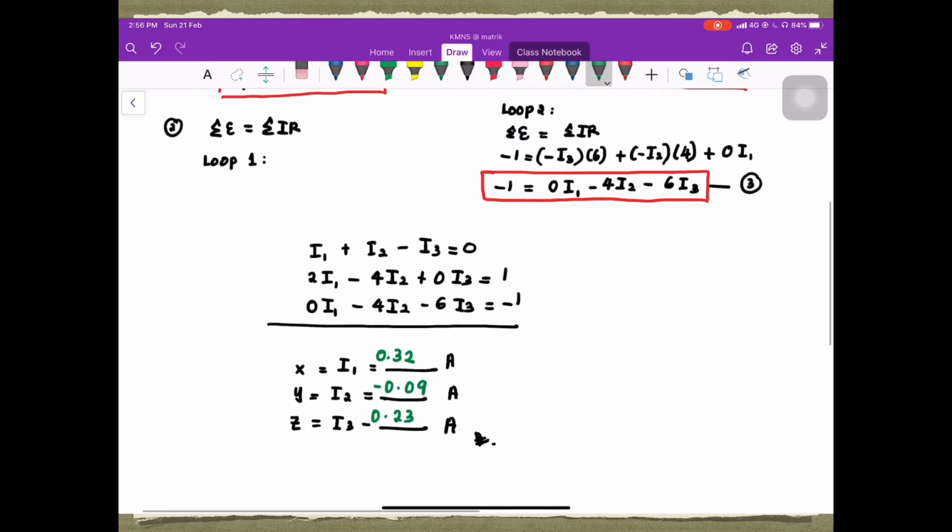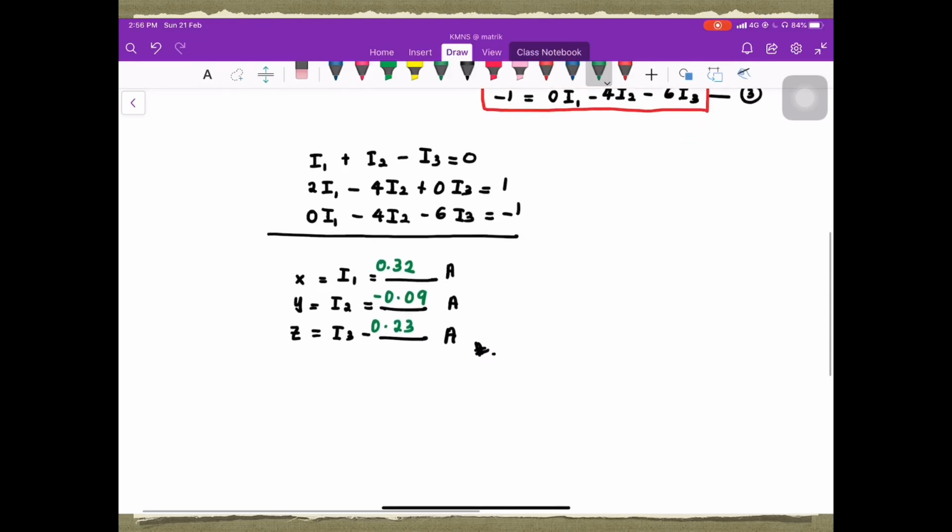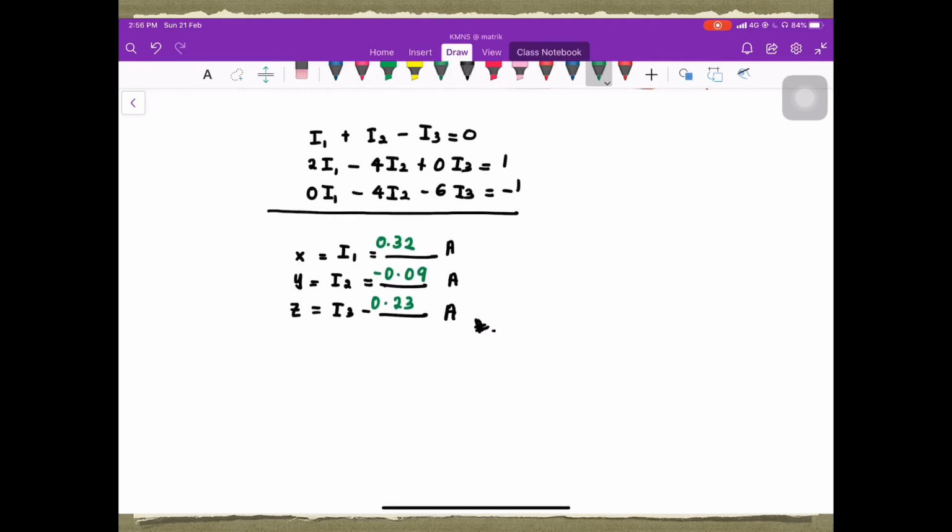Alright, by using your scientific calculator, for x equal to I1, the value of I1 is 0.32 ampere, I2 is negative 0.09 ampere, and I3 equals 0.23 ampere.